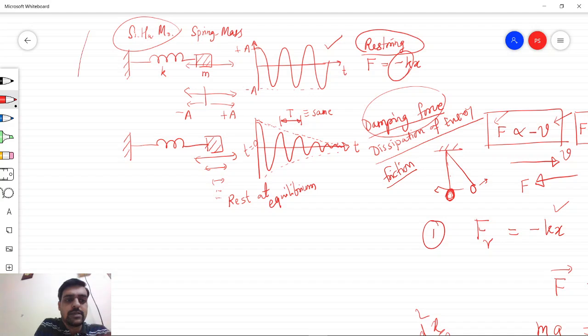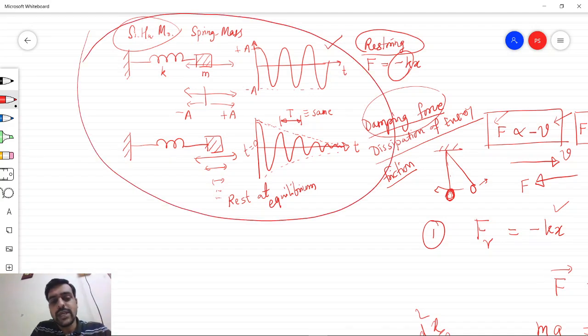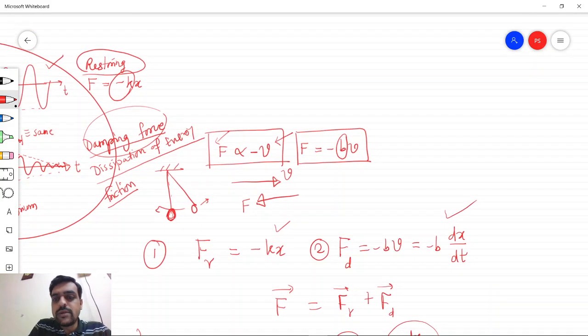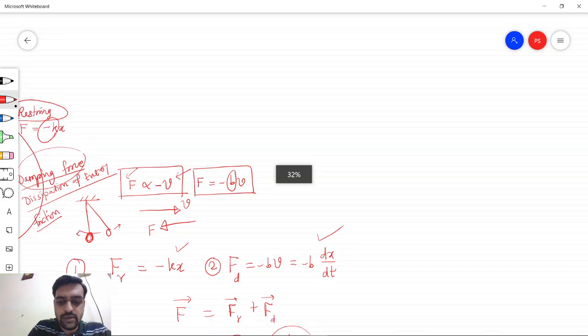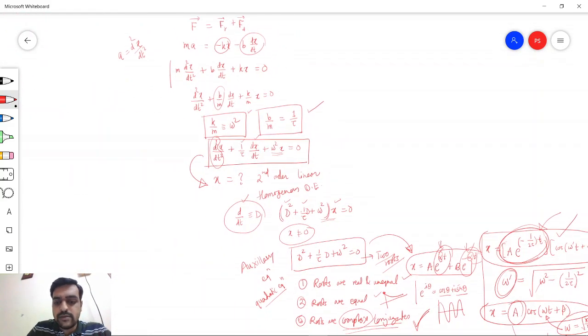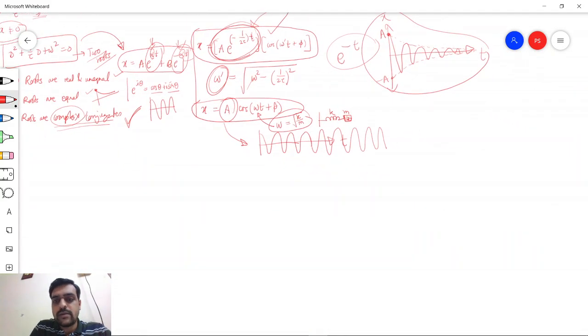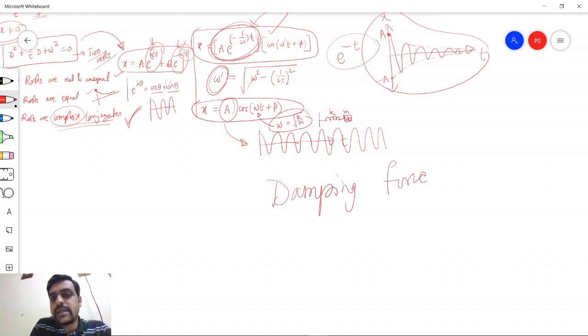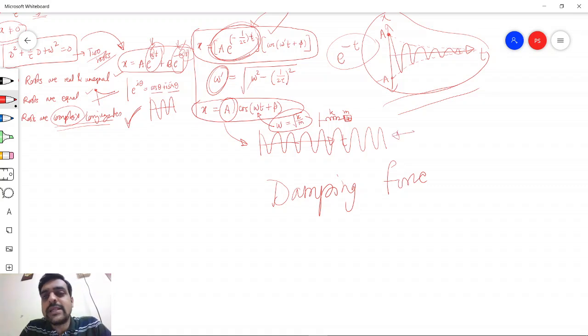Just recall this discussion. So yes, if we include the damping force, it causes the amplitude to decrease exponentially and the system can keep on oscillating just like the simple harmonic case, but with a decreasing amplitude.